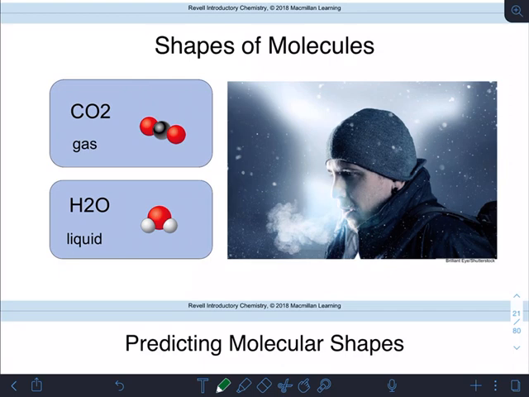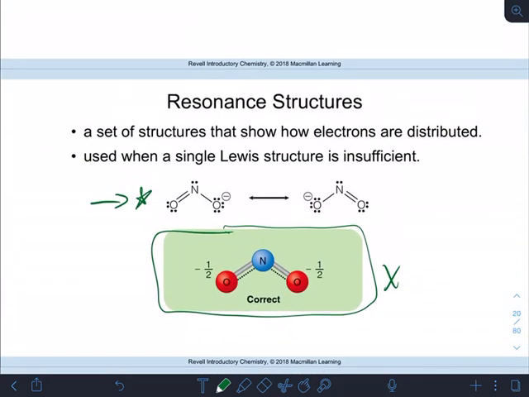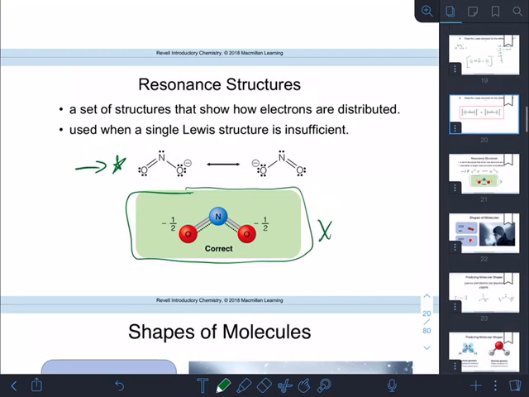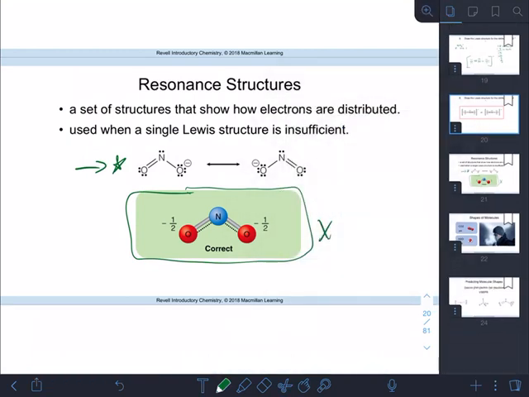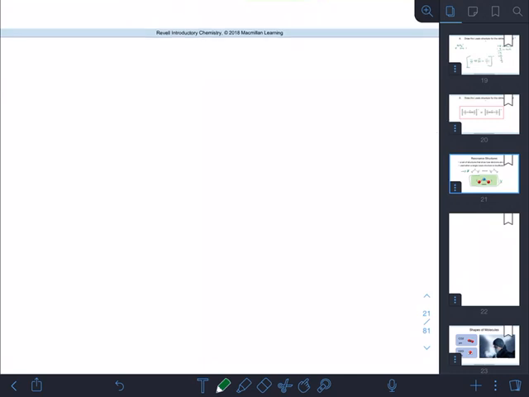So next we're going to get into, now I want to encourage you to do a lot of practice with drawing Lewis structures. Okay? It takes a bit of time to get accustomed to using those rules. Now, if you use the rules, you will be correct every time. So before we move on, I want to come back to the topic of formal charge.